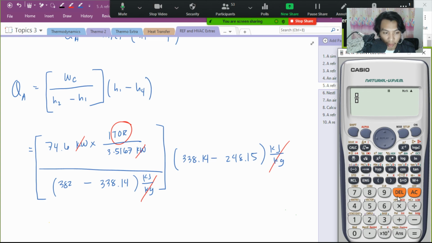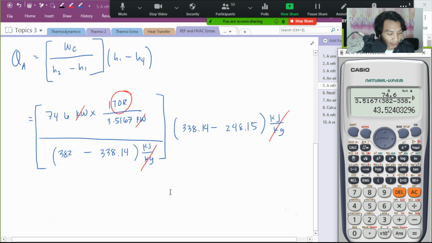So we can now solve for the value. 74.6 divided by 3.5167 multiplied by 382 minus 338.14, and then you multiply that by 338.14 minus 248.15. The answer, in one press, is 43.52.